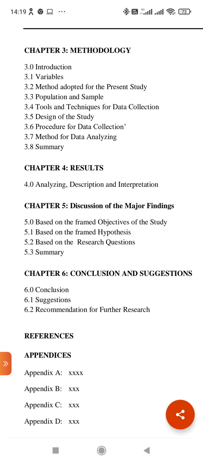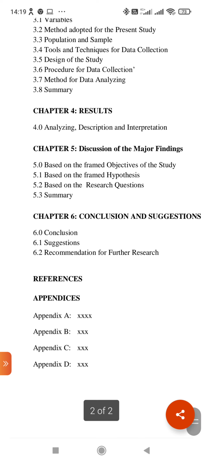Here you give a suggestion, and you can also put forward certain recommendations for future research. Then you have the reference section. Reference would be on an entire page. You can put it as a reference or bibliography.